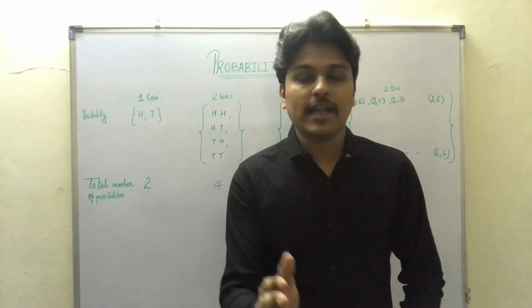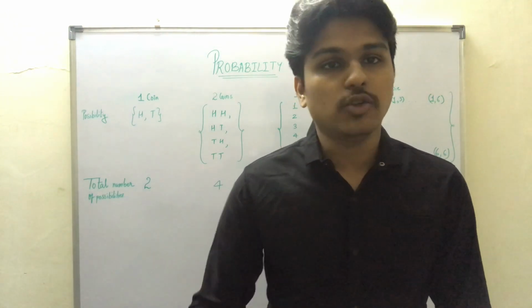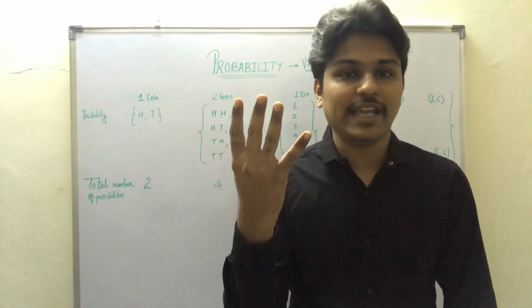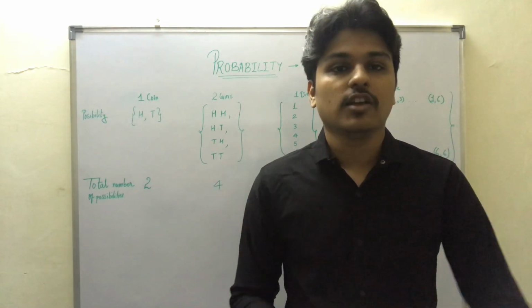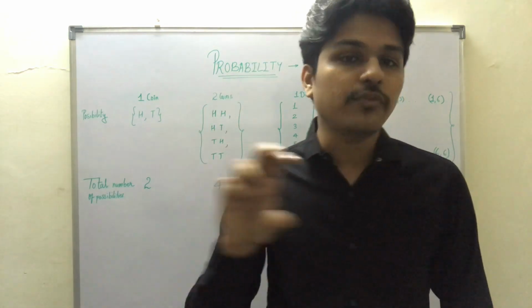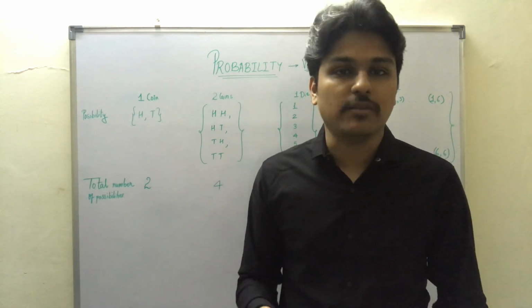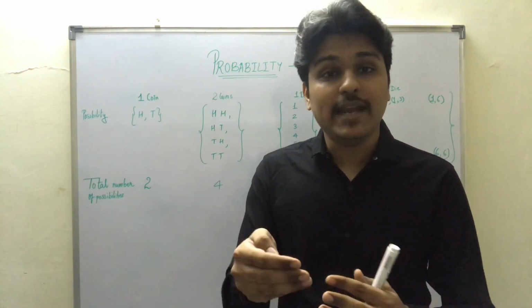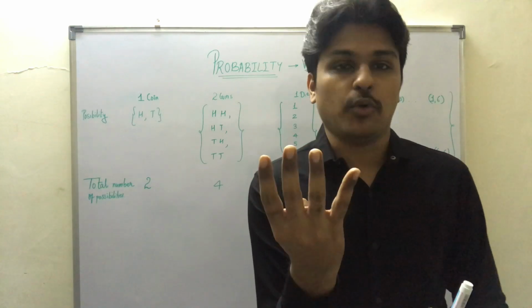If I ask you the probability of getting an ace, you know that in that deck there are 4 aces, out of which I'm getting 1 ace. So what is the probability of getting an ace? It would be 4 upon 52. What is 52 over here? It is the total number of possibilities, the total cards that I have in my hand. And the event I'm talking about is getting an ace, so the event has only 4 possibilities.